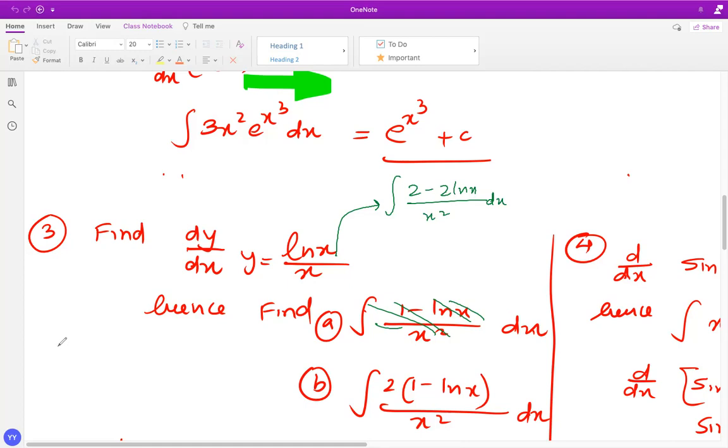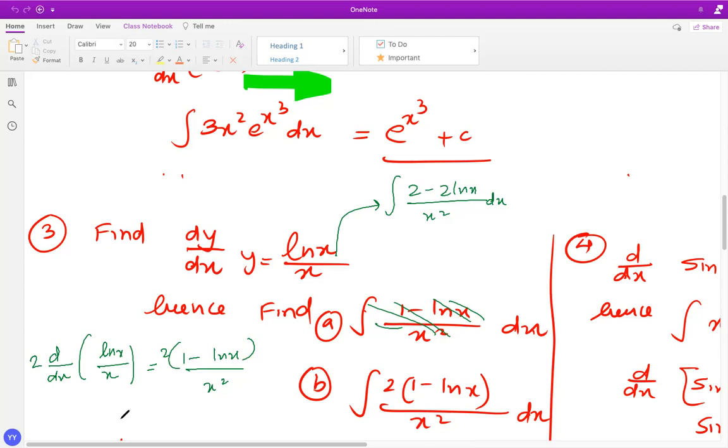We just proved that the derivative of ln x over x is 1 minus ln x over x squared. Now I needed a 2 here, so if I multiply both sides by 2, being a constant, it doesn't affect the left-hand side.